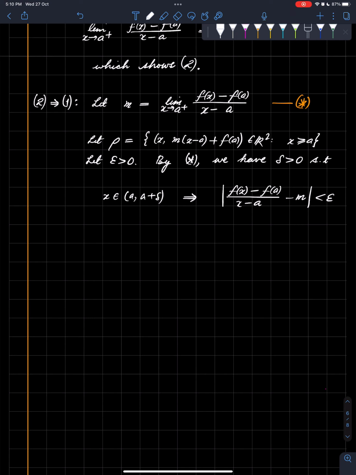And this implies that if you choose x in (a, a plus delta), then (x, f(x)) is in the epsilon cone about the ray.